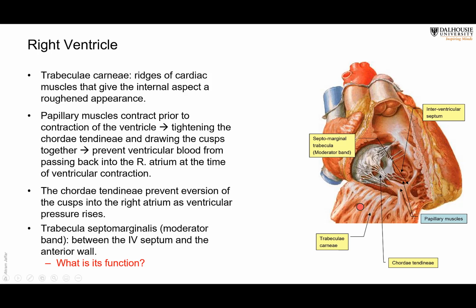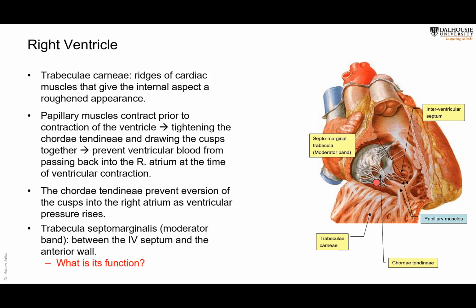Some of these cardiac muscle fibers project as finger-like projections with free ends, and they are called papillary muscles. And from the papillary muscles, there are strings of fibrous tissue called chordae tendineae, which attach to the cusps of the valve. So before the ventricle contracts, just milliseconds before, these papillary muscles, because they are formed of cardiac muscle fibers, are going to contract.